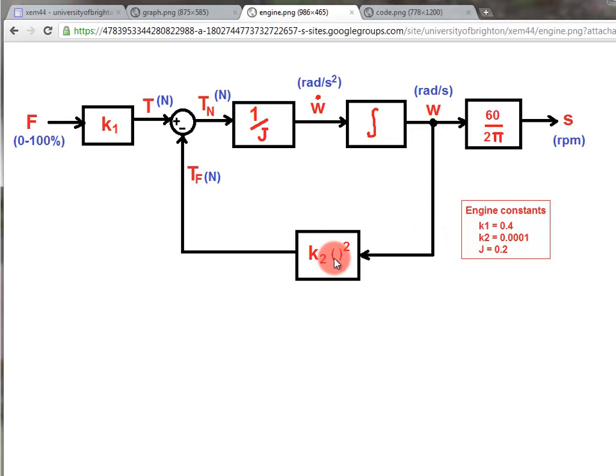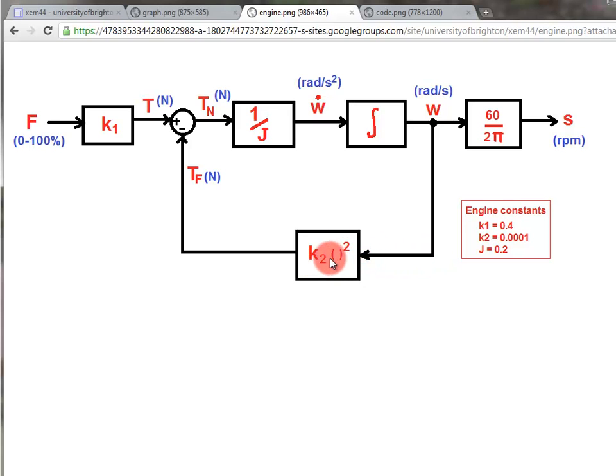This other box down here shows the friction torque. Tf is the friction, and the friction is subtracted from the combustion torque to give the net torque. The friction torque, we've assumed, is just a constant times the engine speed squared. That's what these two brackets mean.